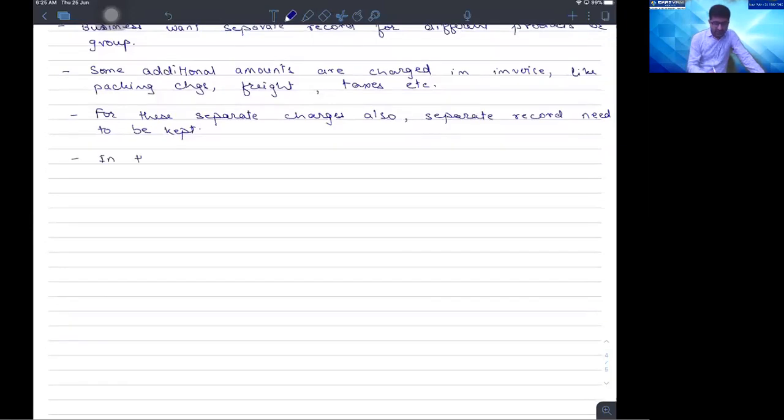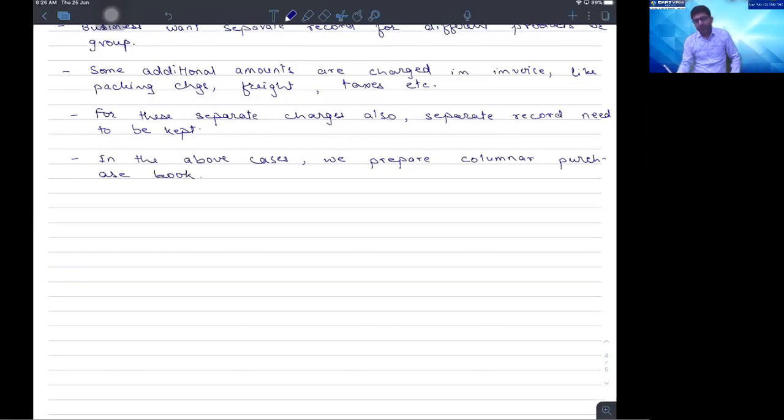In the above cases, we prepare a columnar purchase book.